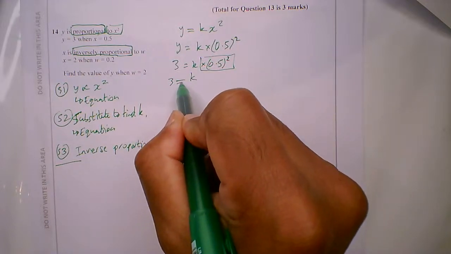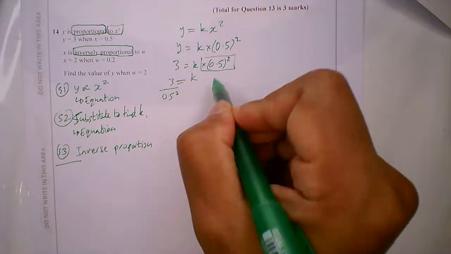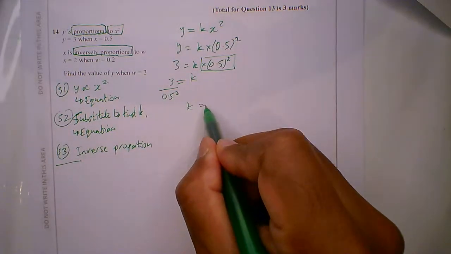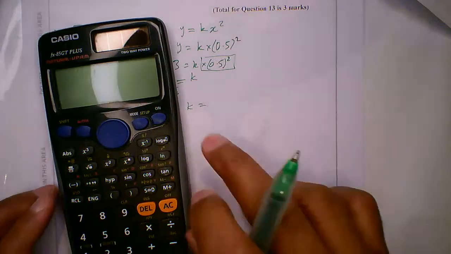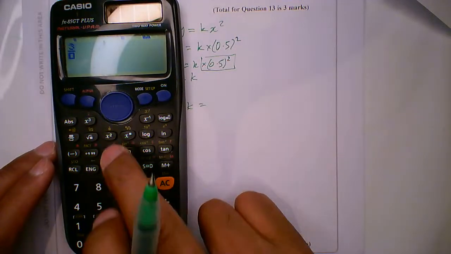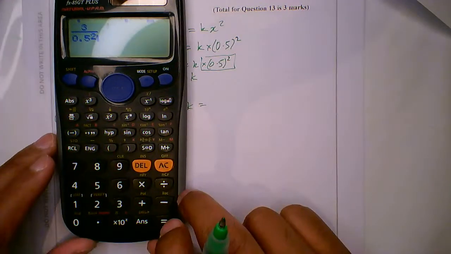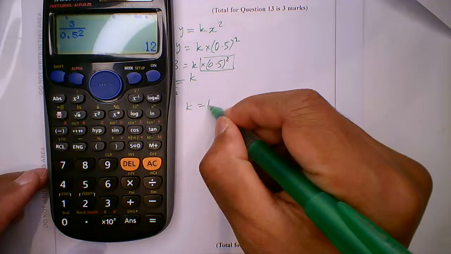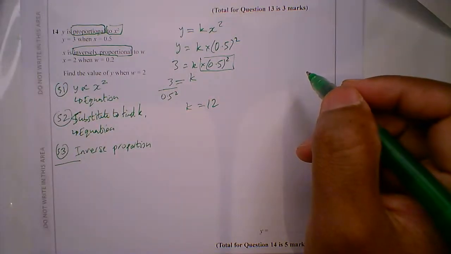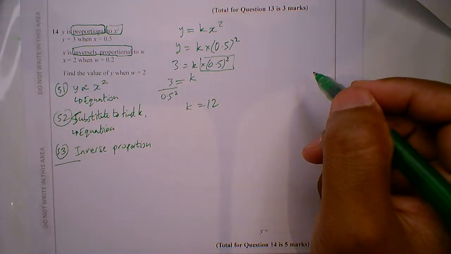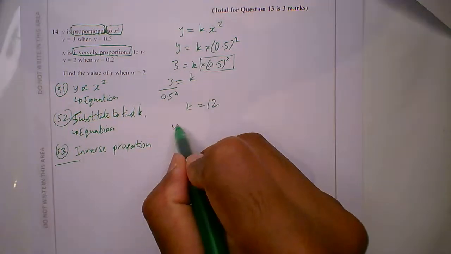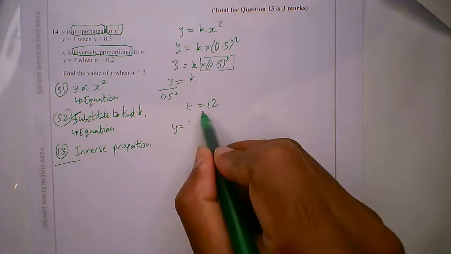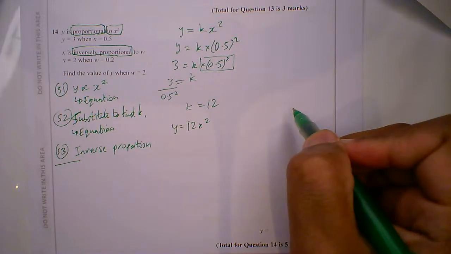So k equals, put that into my calculator. 3 over 0.5 squared, get 12. So I have y equals 12x squared.